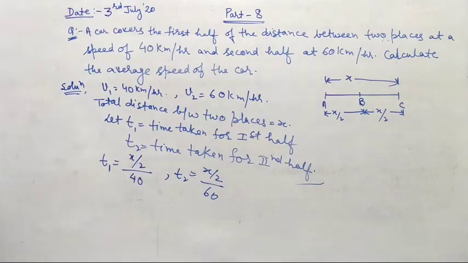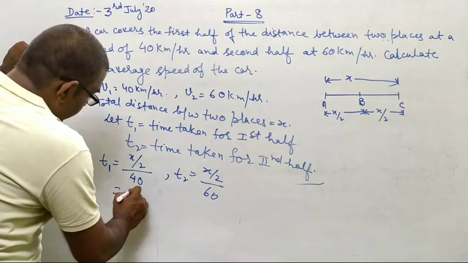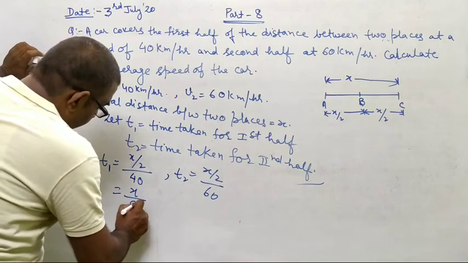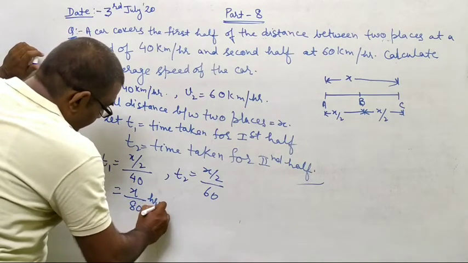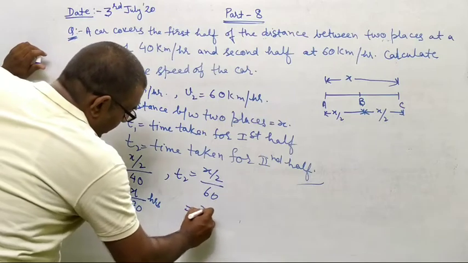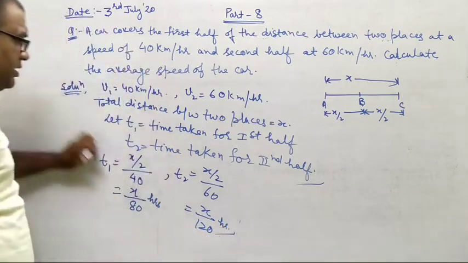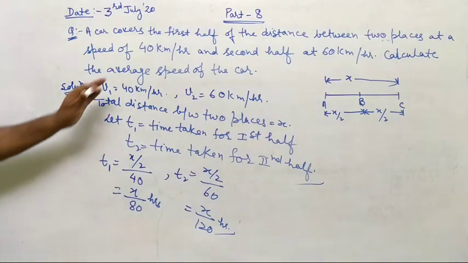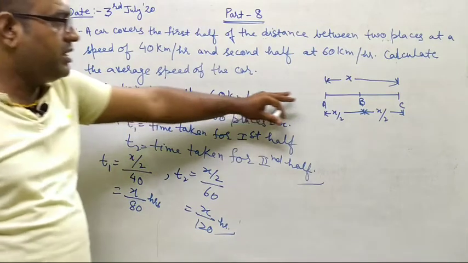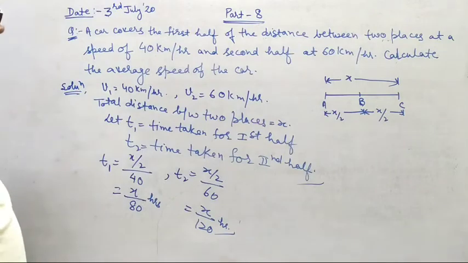So time t1 is x upon 80 hours and time t2 is x upon 120 hours. This is the time, and distance is known to you. Total distance is x by 2 plus x by 2.